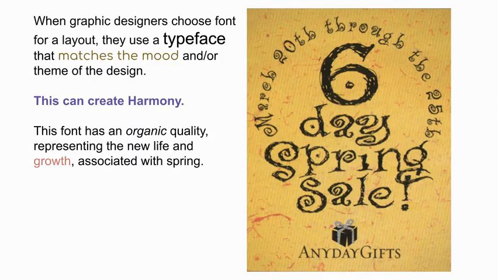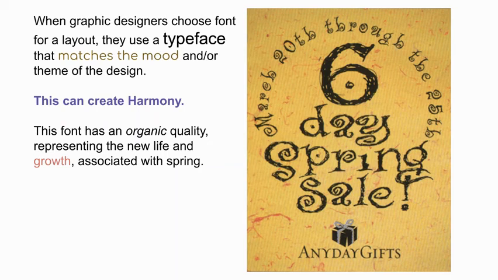Here's an example of repetition of like theme. In this design, the typography has a real organic and whimsical appearance. And that seems to be the overall message or the overall mood of the design. So like spring. So in other words, growth.